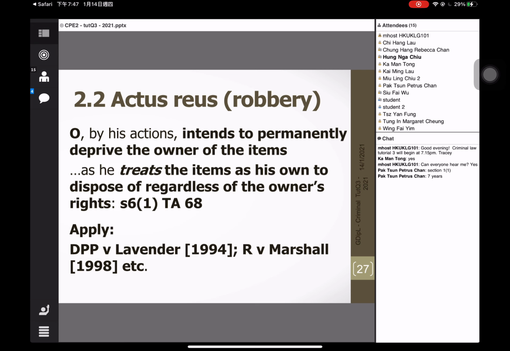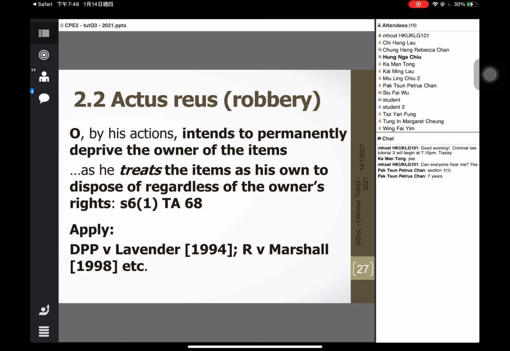So he might be dishonest, but what about intending to permanently deprive the owner of the property here? If Oliver treats the items as his own to dispose of, regardless of the owner's rights, then case law seems to suggest that the courts will deem intention to permanently deprive the owner of the property.